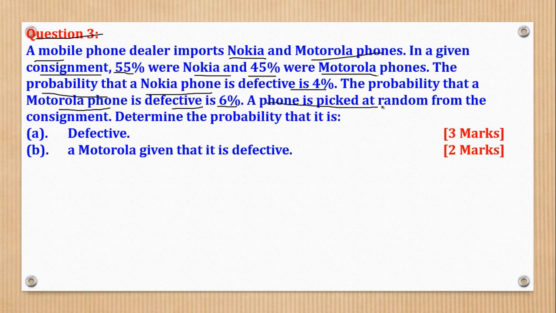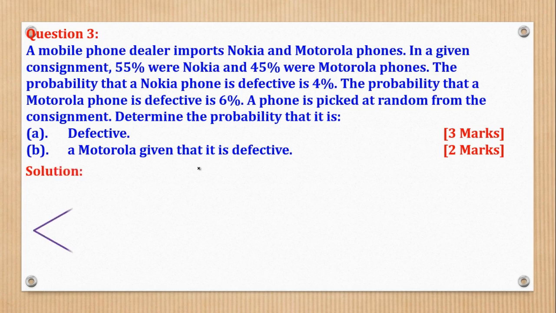A phone is picked at random from the consignment. Determine the probability that it is defective. And Roman 2, it is a Motorola given that it is defective. So yeah, the best approach is to use a tree diagram.